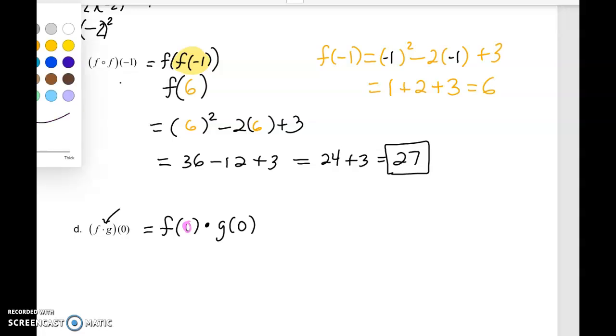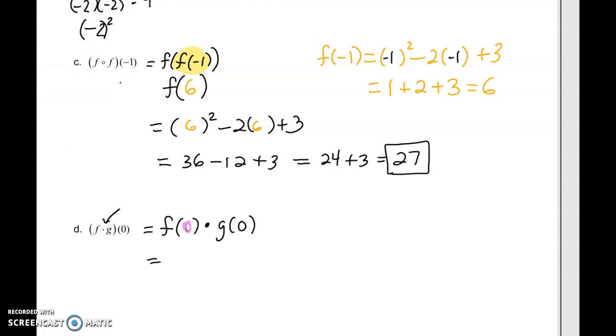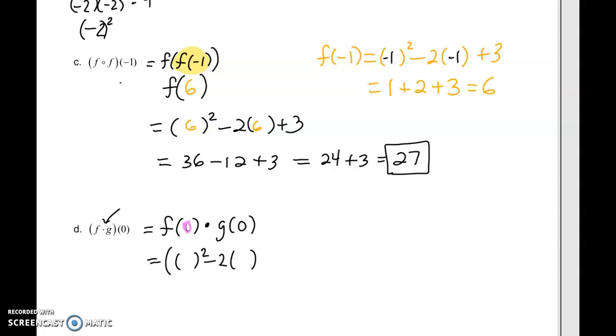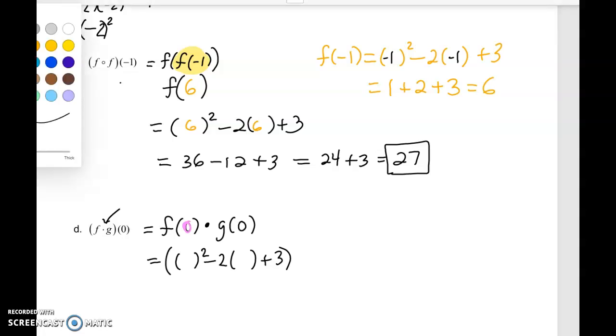Let's do that now. Function f looked like this. It's the x squared minus 2 times x plus 3. So that is the function f.